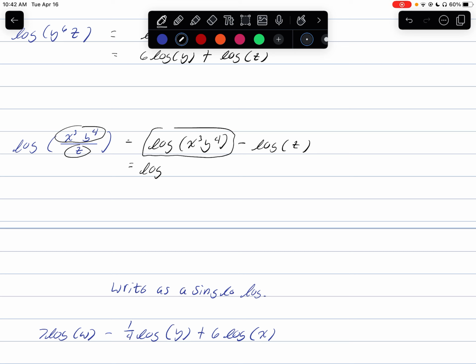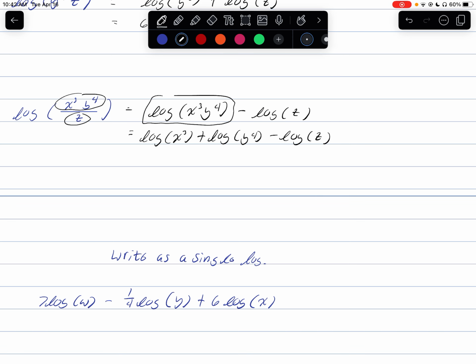So we have log of x to the third plus log of y to the fourth minus log of z. And then we can just do our power rule to simplify these first two terms. So we'll get 3 log x plus 4 log y minus log z. So that would be our fully expanded logarithm here.